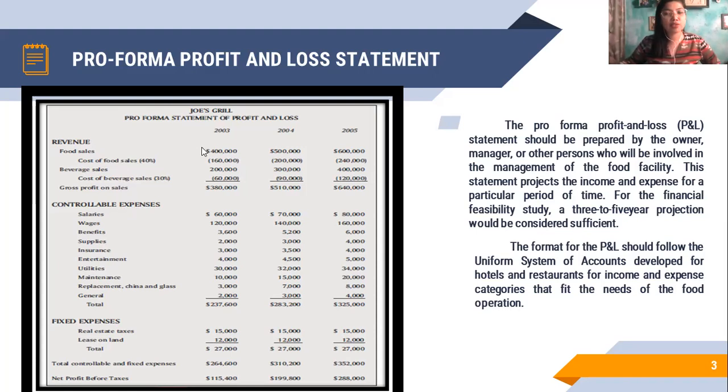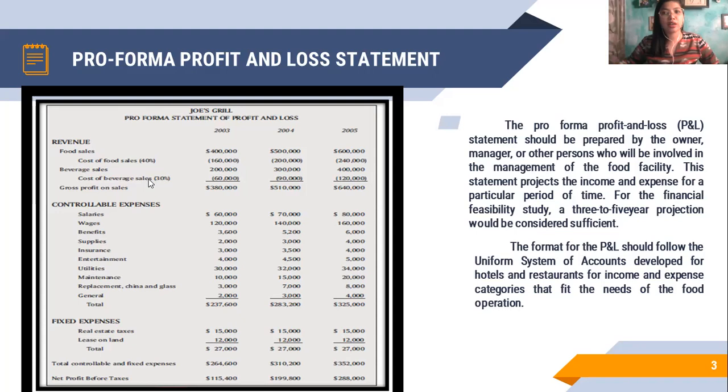So you have here for 2003 the food sales, and the cost of sales that should be 40%. In order to get this, you will get the 40% of 400,000. As for the beverage sales, you need 30% of the beverage sales in order to derive the cost of the beverage sales.